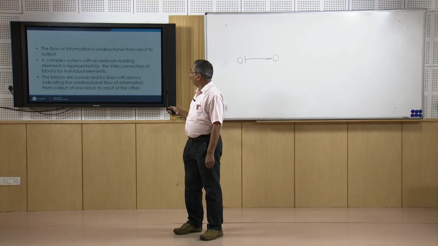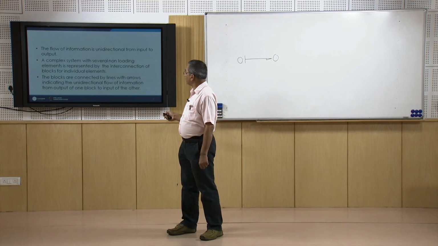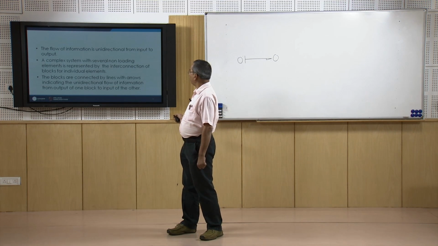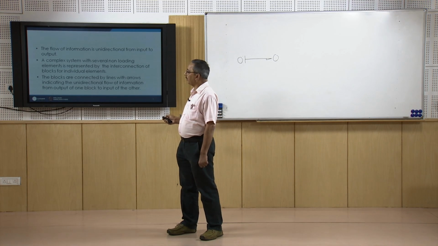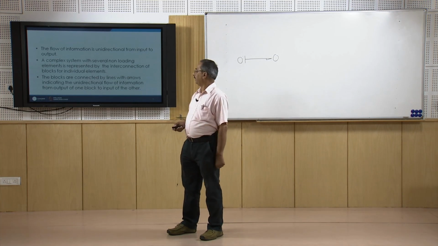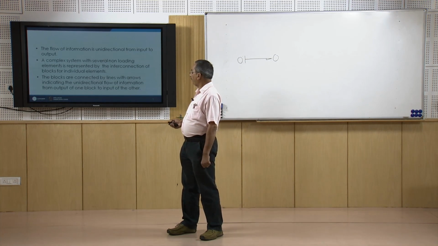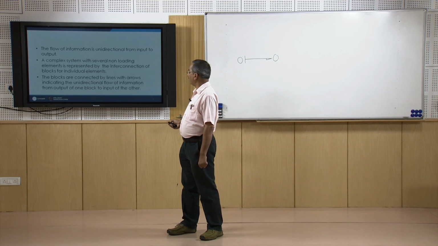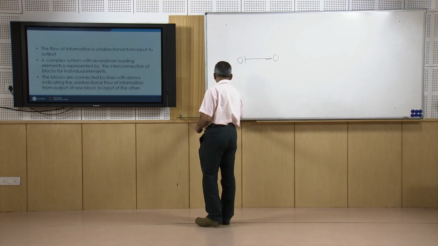Now, a complex system with several non-loading elements is represented by the interconnection of blocks for the individual elements. Okay. And the blocks are connected by lines with arrows indicating the unidirectional flow of information from the output of one block to the input of the other block.